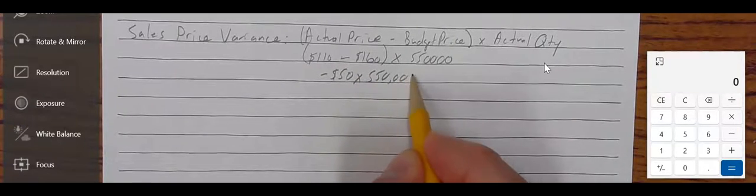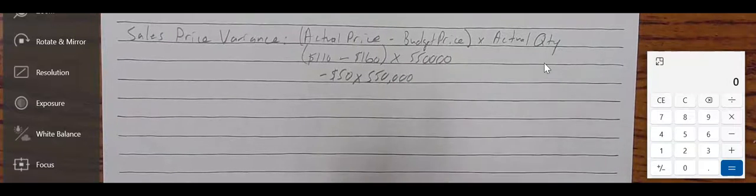550,000. And so hopefully we understand immediately, before we ever get to the number, that because we're multiplying a negative times a positive, we're going to have an unfavorable variance.